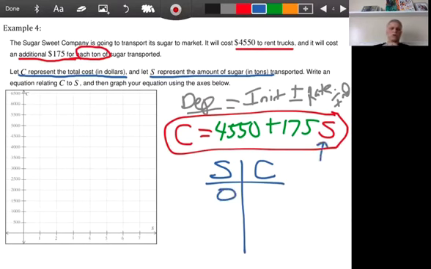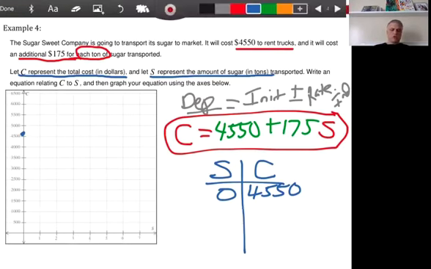If S is 0, 175 times 0 is 0, plus 4550 is 4550. So let's estimate. 4550 is just a little bit above 4,500. So we start at 0 and we go up 4,500 and then a little bit more for 4550. So right in there.